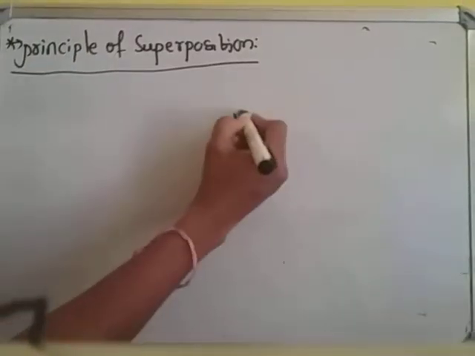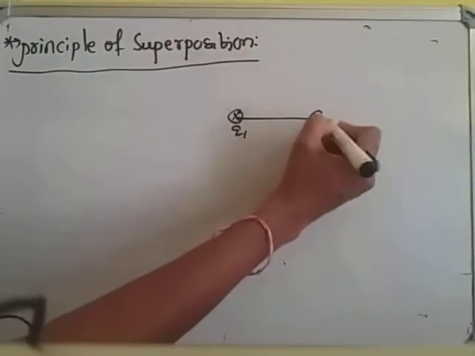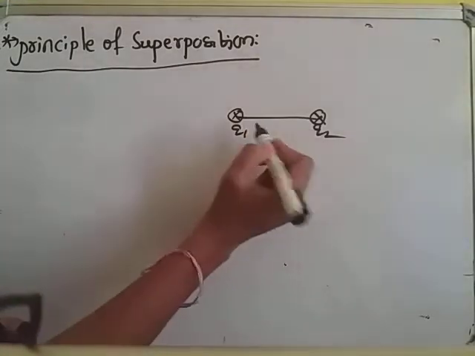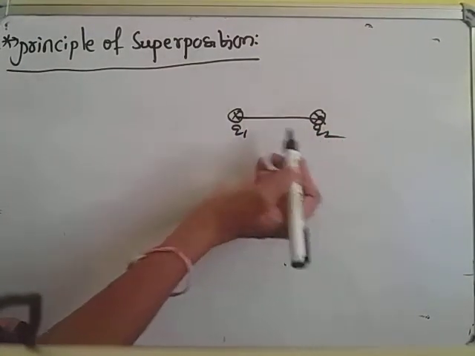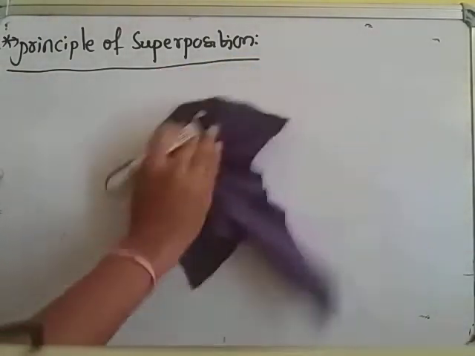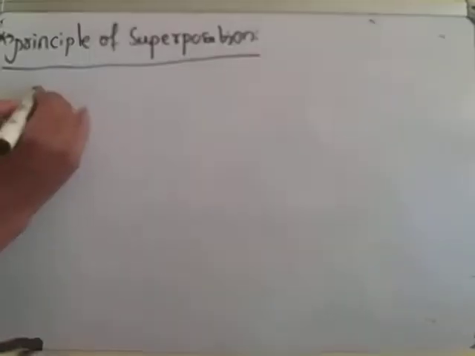Up to now we discussed the force between only two charges. If a system of charges is there, how do we find the force? With only two charges, we can find the force on Q2 and the force on Q1. But if many charges are there, then how do we find the force? That is where we have to use the principle of superposition.